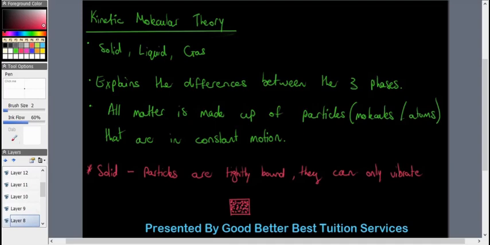Might as well color the whole thing in, almost. There's almost no space for them to move freely, but they can vibrate. They can only vibrate. That's the kinetic molecular theory within a solid object, matter that's in the solid state.